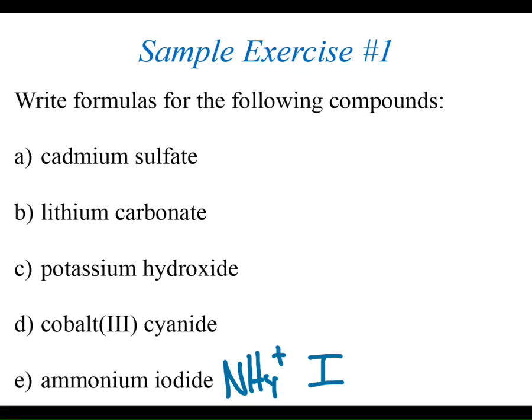So what's the charge on iodide? 1 negative. How do you know that? It's 1 away from the noble gases, so it only needs to gain 1 electron to be like the noble gases and be nice and stable. So it gains 1 electron. So how do I put positive ammonium together with negative iodide? NH4I. Just 1 of each. Boom.